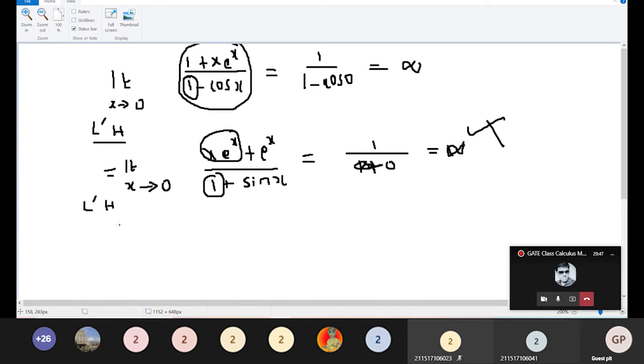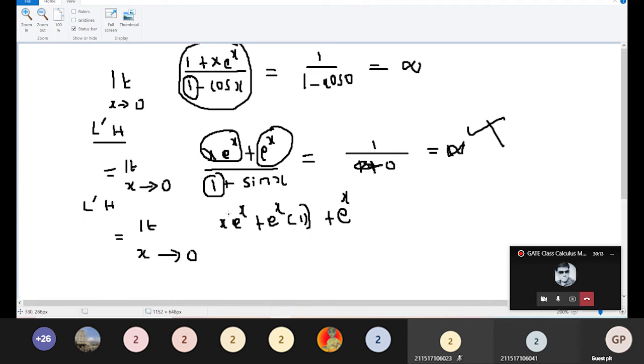If L'Hospital fails, again you have to apply. That is the advantage of L'Hospital. So limit x tends to 0. Now the numerator, x as it is, e power x plus e power x as it is, differentiating x is 1, plus differentiating the second term, e power x.